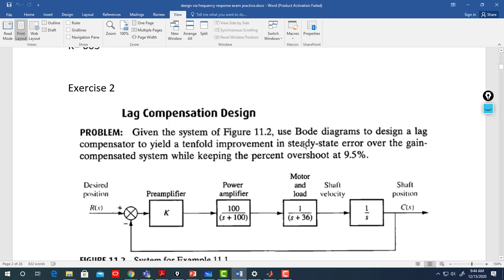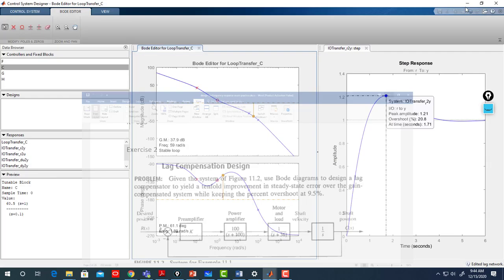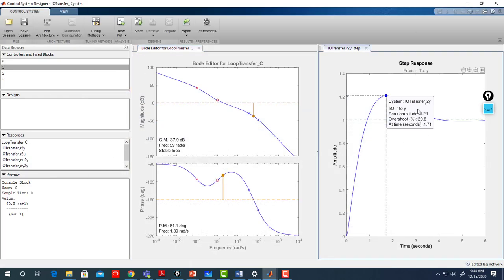So now we need to keep the percent overshoot. So now we need to readjust the gain to have a 9.5 overshoot. Of course, for the steady state error for step input, we cannot see it as it's in a ramp case. So you remember from root locus case. But anyway, steady state error always equals 0 for a step input because the system is type 1.